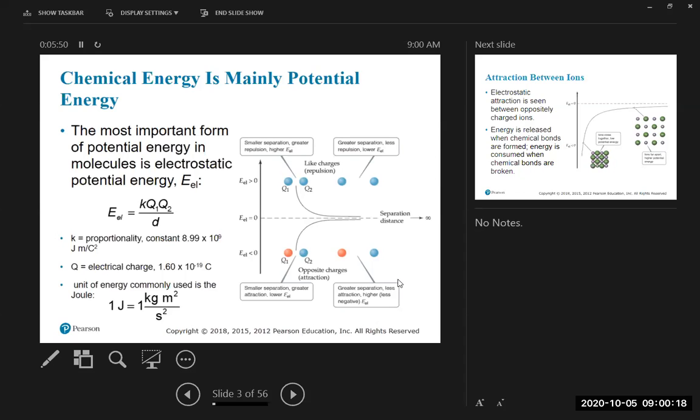If we look at the diagram on the right, it talks us through a little bit of this. There's a couple things we want to remember. If we look at Q1 and Q2 on the top part and Q1 and Q2 on the bottom part, we see that on the top part, because they're both blue, that's implying that they're the same charge. And what did we say before? Like charges repel, okay?